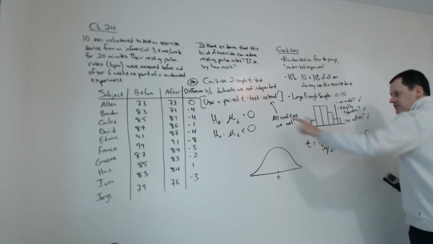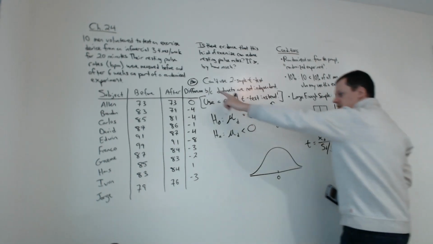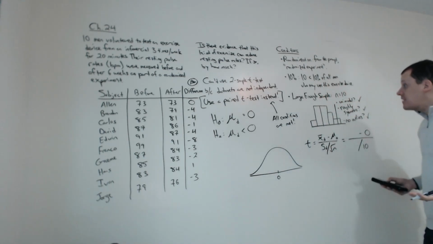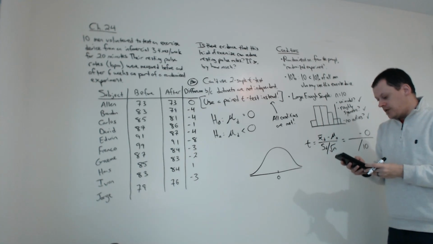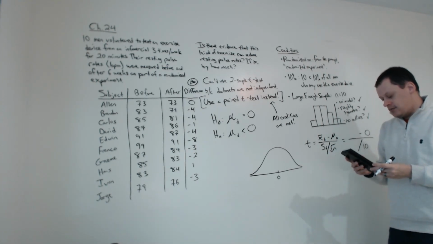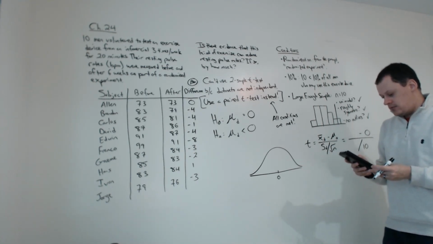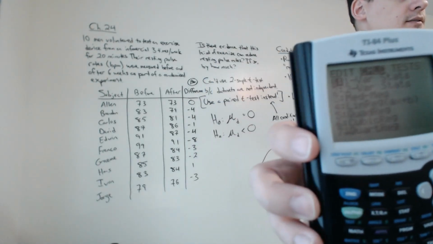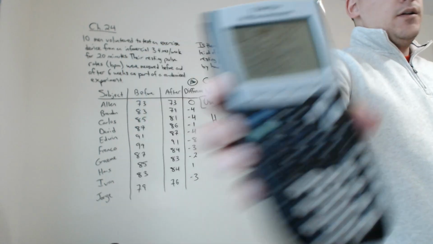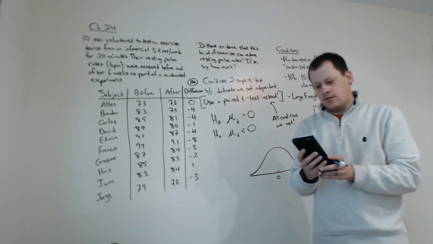The mean of the differences and the standard deviation of the differences, I haven't calculated those yet, but we can get those from going to stat calc. It's our good old friend, one-var stats. There you go. One-var stats.